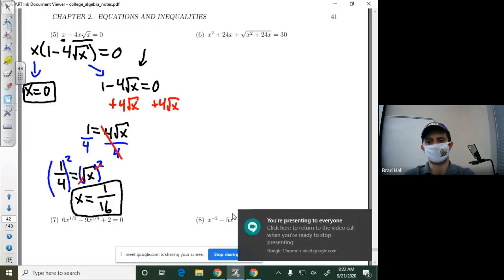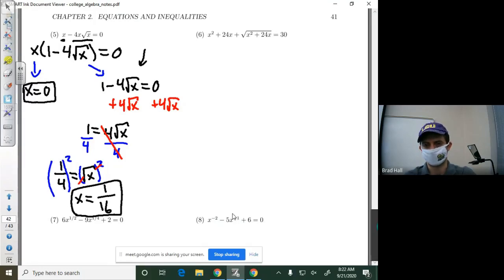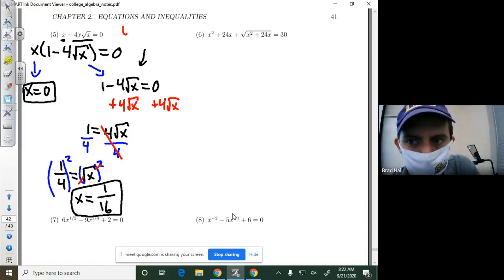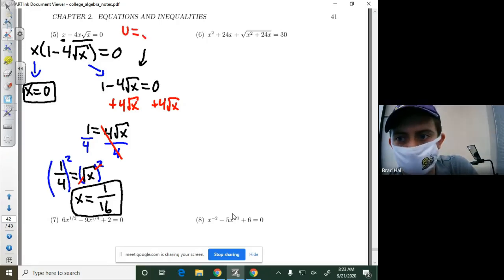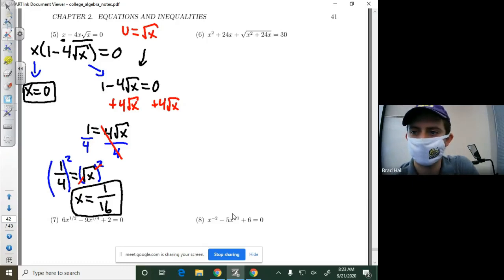So I noticed this problem in the homework followed a slightly different trend than the other problems. So let's make sure you can recreate these steps on your homework. If you did want to consider what U substitution would be in this problem, U would end up being the square root of X in this problem over here.